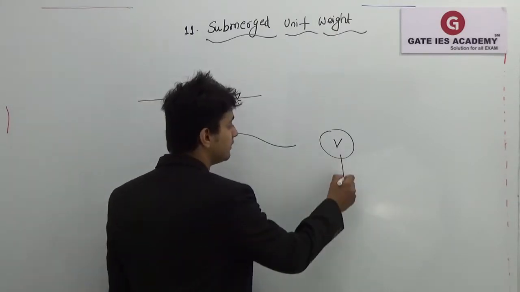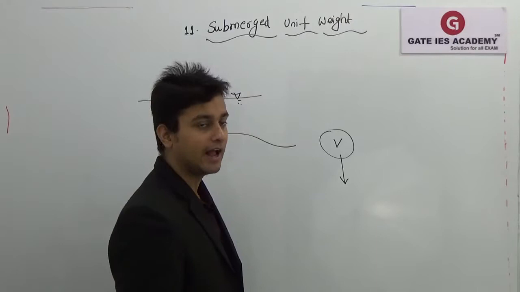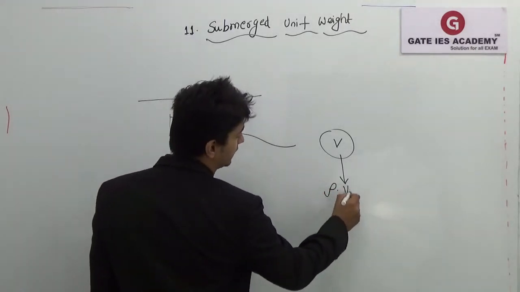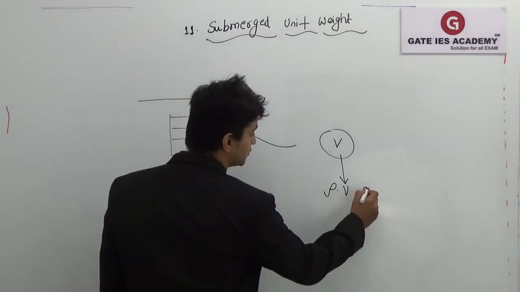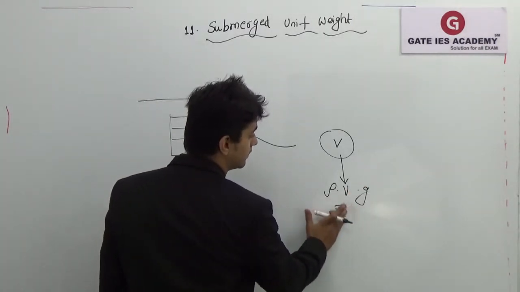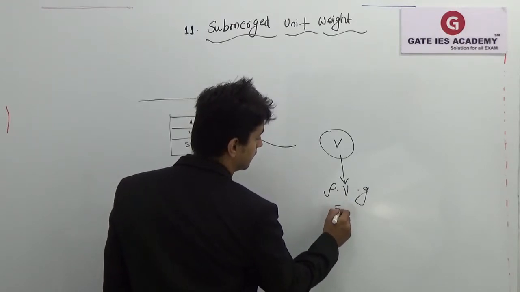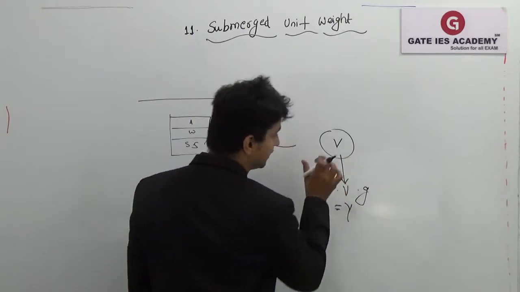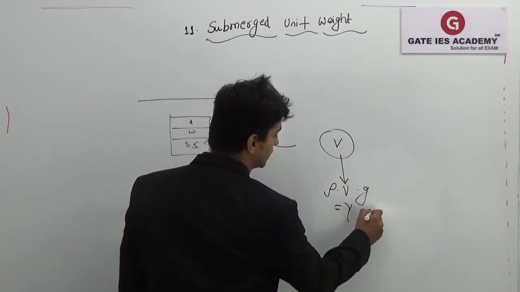Its own weight will be mg, that is rho into V, which is mass, into g, or gamma of this particular body into g.